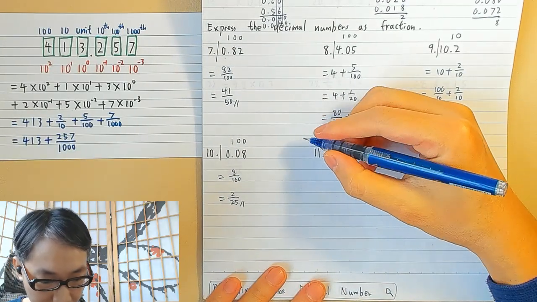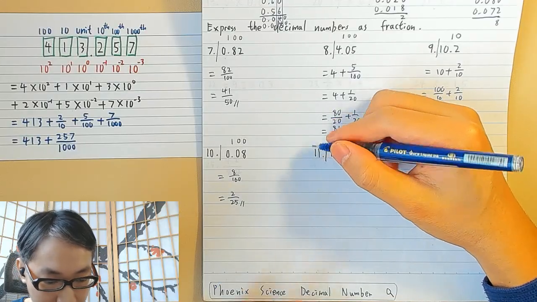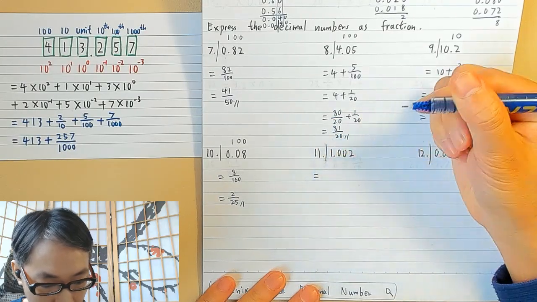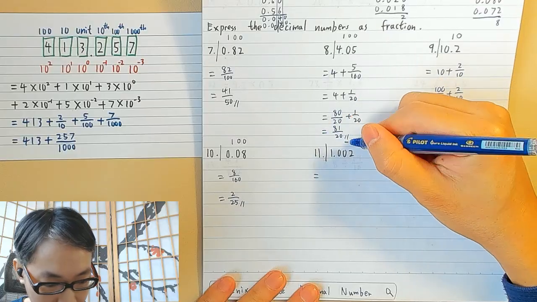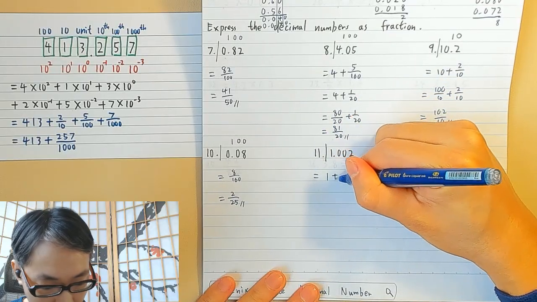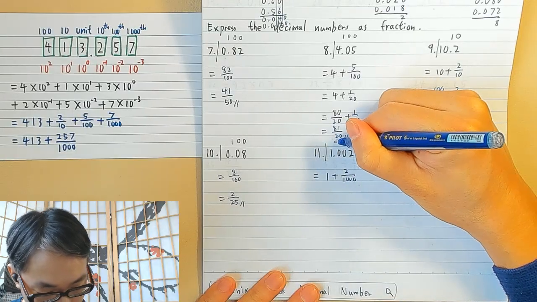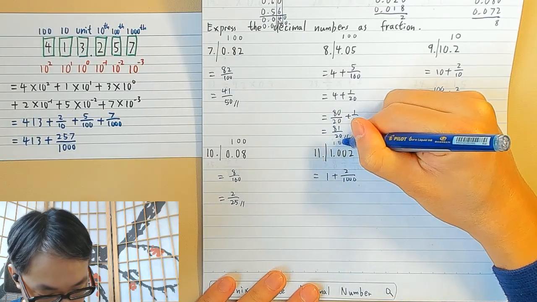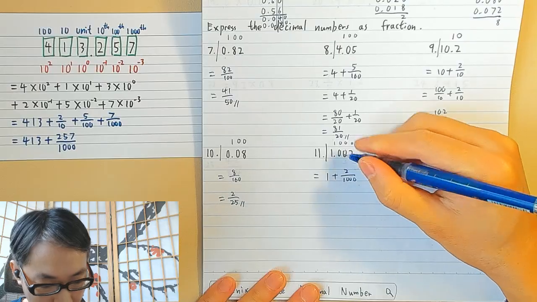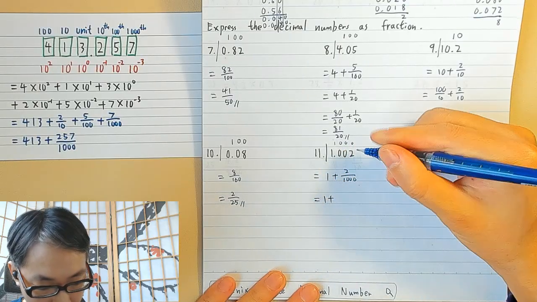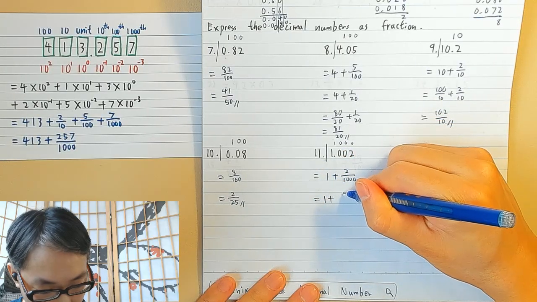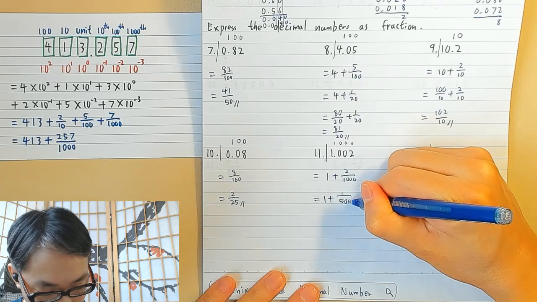Number 11 is equal to 1 plus the decimal part, 2 over 1000. 1000 is the denominator. Okay. So we have 1 plus 1 over 500.